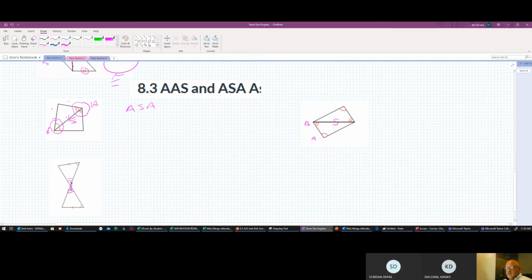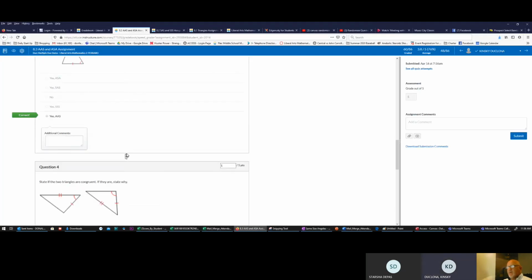Since we know that vertical angles are congruent, we've got angles that are congruent. We've got one tick mark here and one tick mark there. And then we've got a side here. So we've got A, A, S, and therefore they are congruent. Make sense?